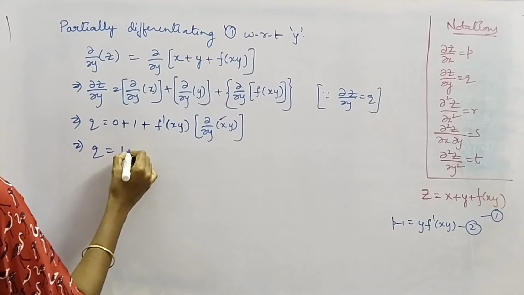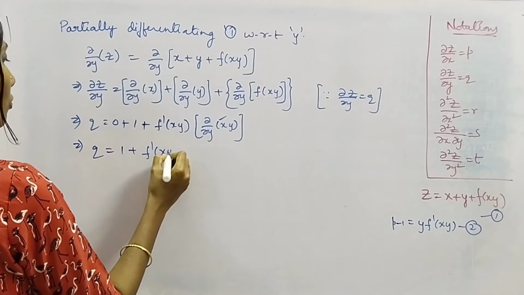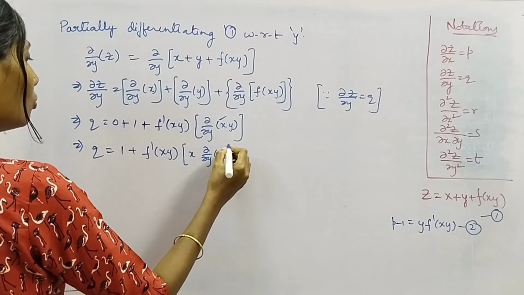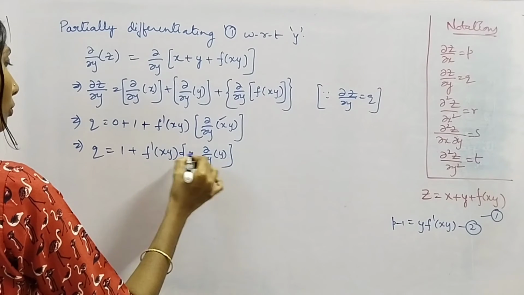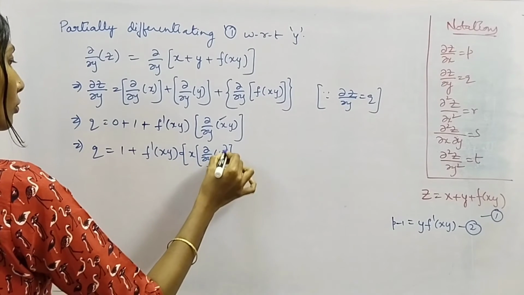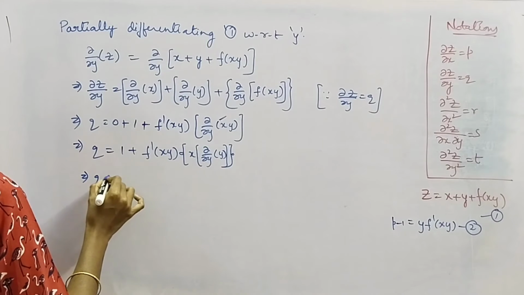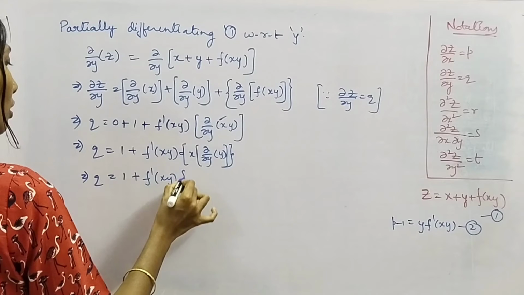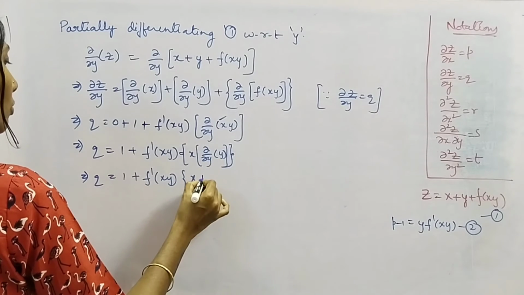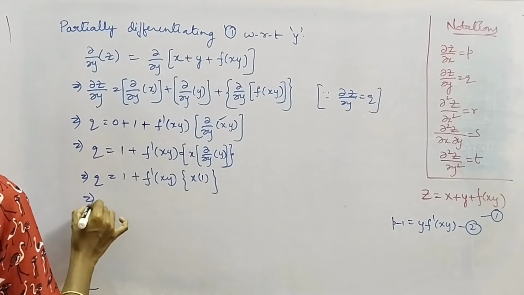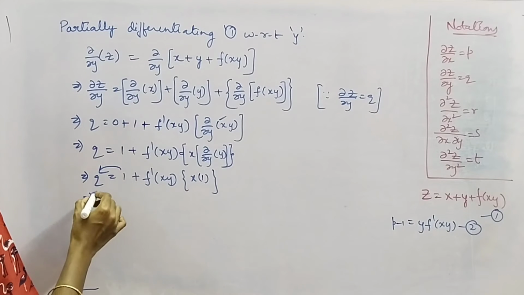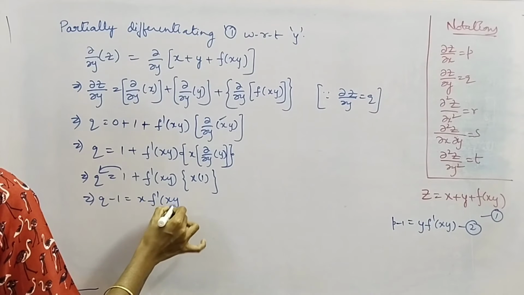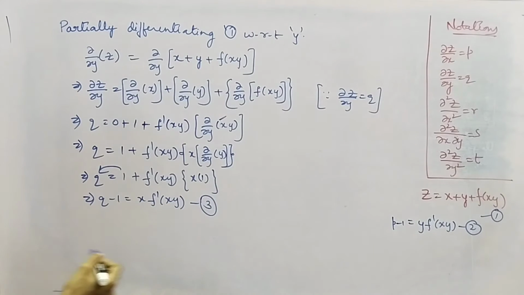This gives us q equal to 1 plus f dash of xy into x into the partial derivative of y with respect to y, which is 1. x into 1 is x. Now bring this 1 to the LHS, you'll get q minus 1 equal to x into f dash of xy. Consider this as equation number 3.